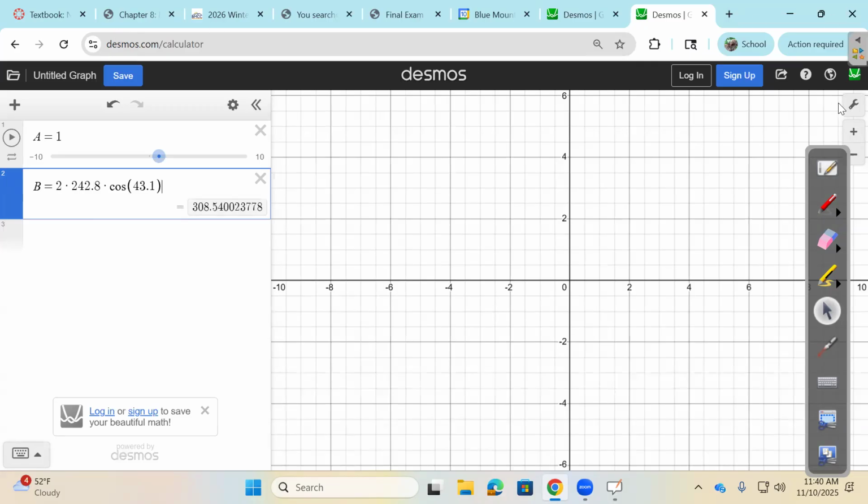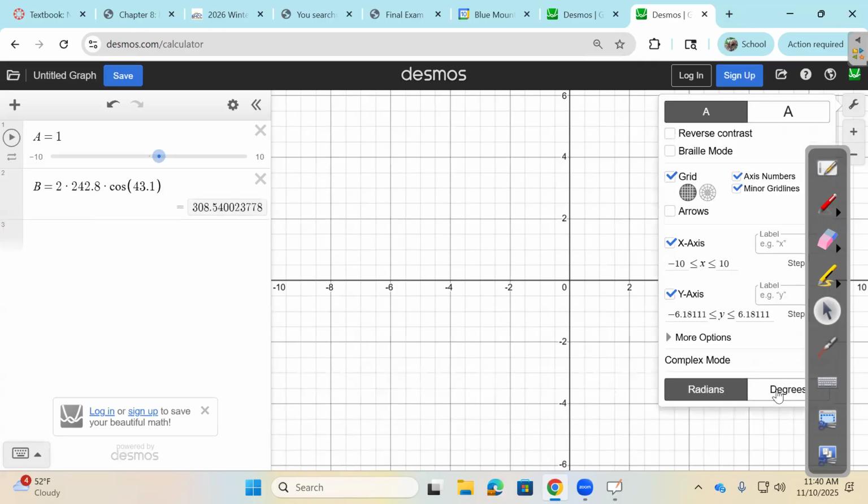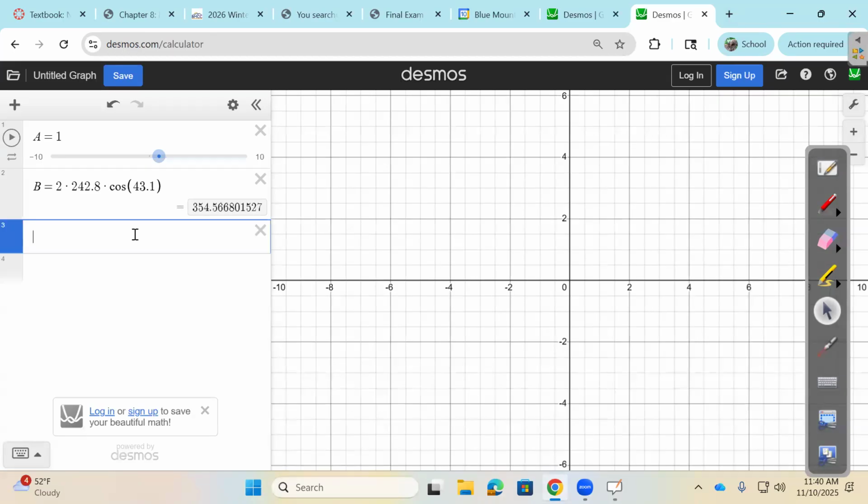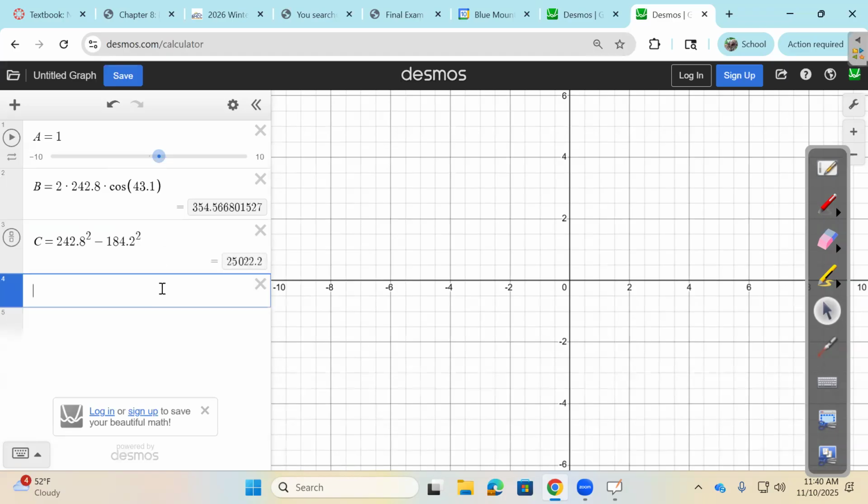Mode check. I want degrees. Okay. And then my C was the difference in squares. Which one went first? The 242.8 squared minus 184.2 squared.